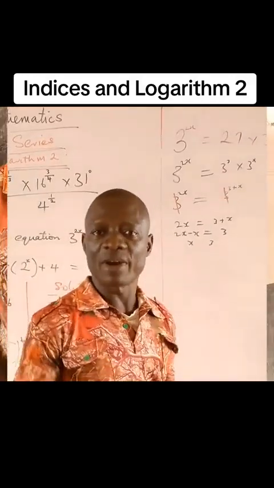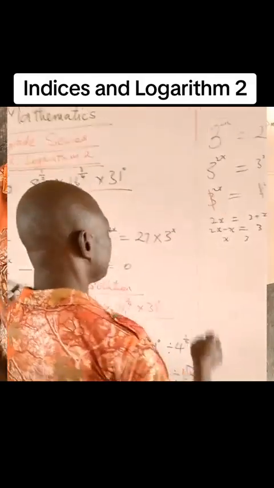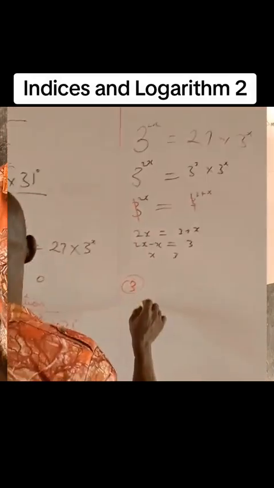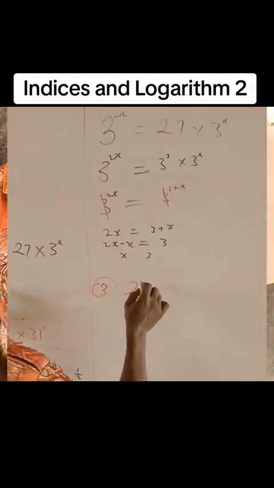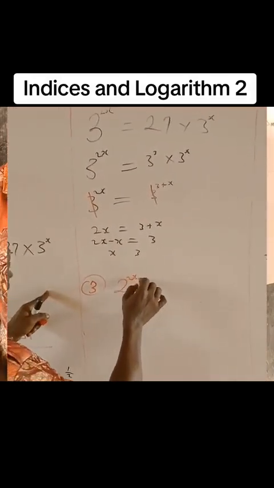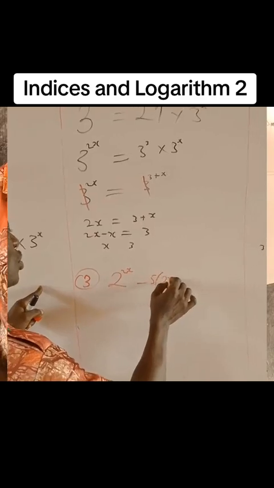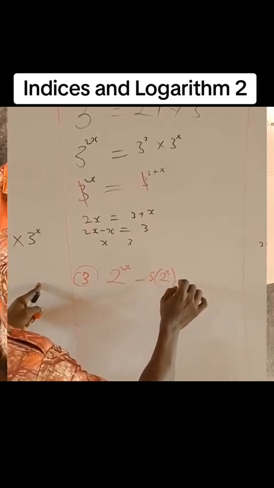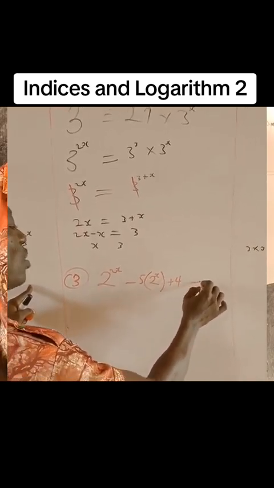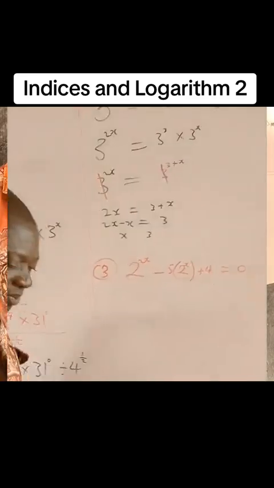Using this to solve question number 3, we have 2 raised to the power 2x minus 5 into 2 raised to the power x plus 4 is equal to 0. Alright.